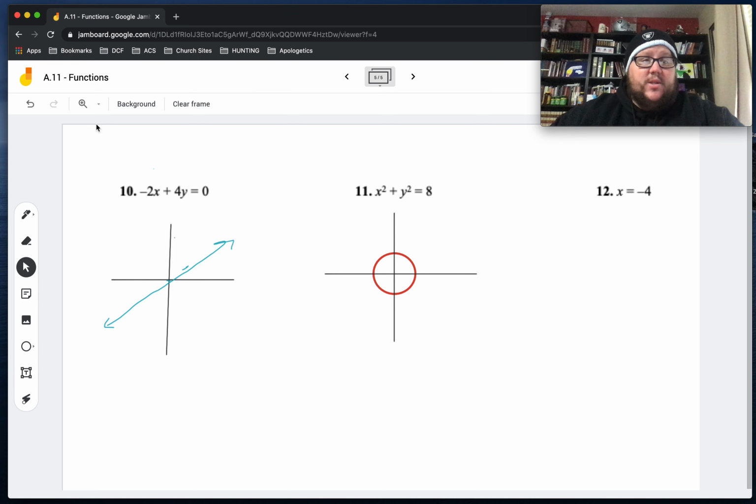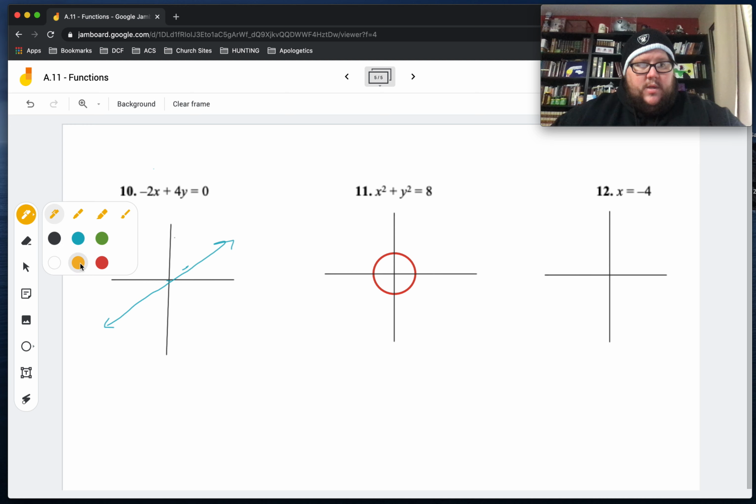And you guys are going to determine whether or not that is a function on your own. And then I'll do this one in orange. X equals -4, so x equals -4 is right here. So that's the graph there. And so you guys are going to tell me if each of these are a function or not.